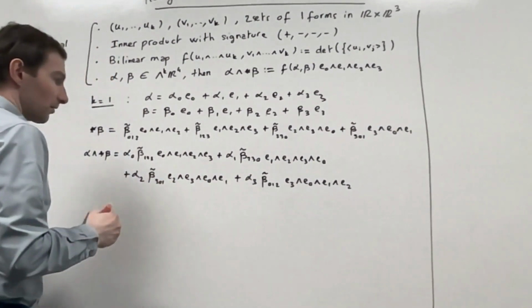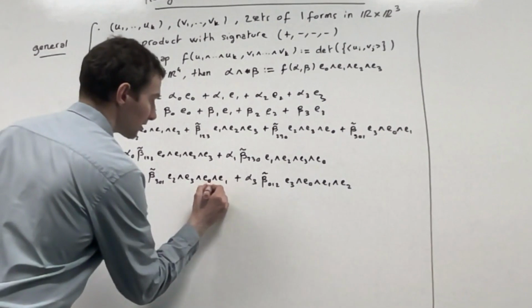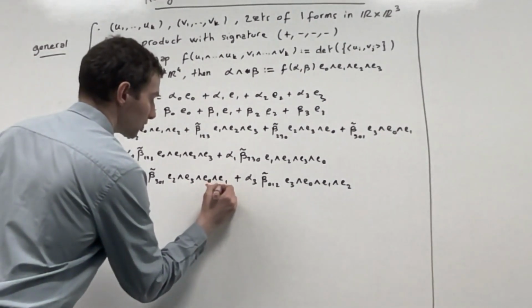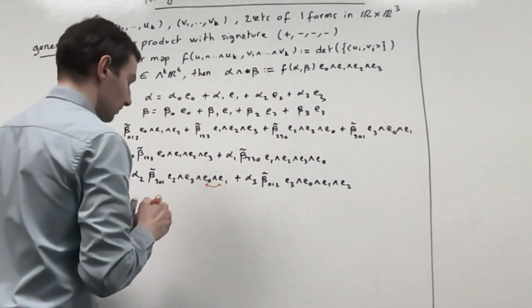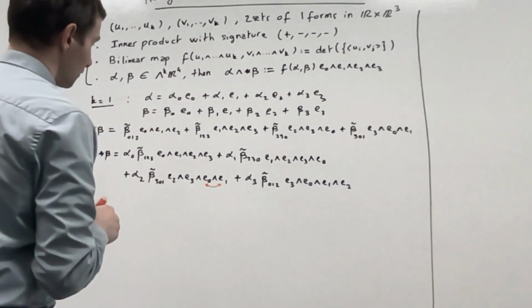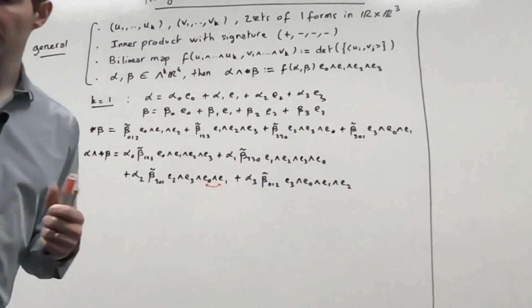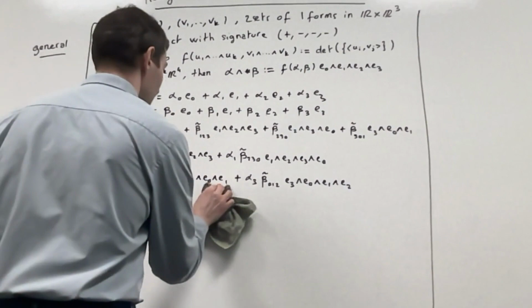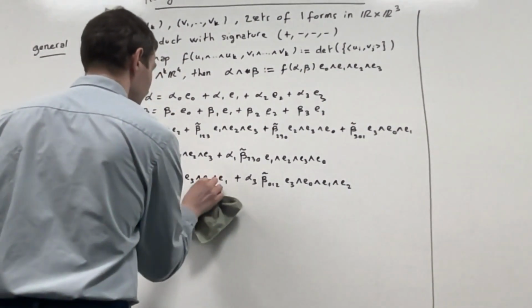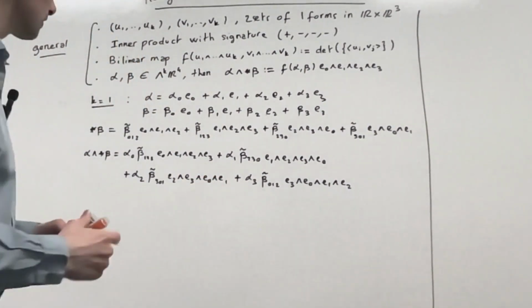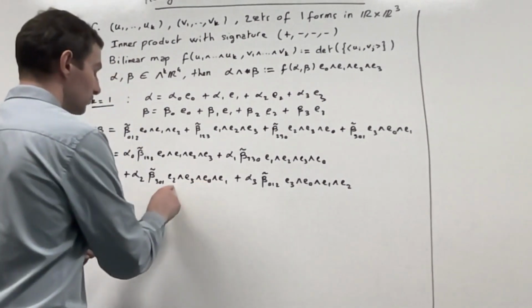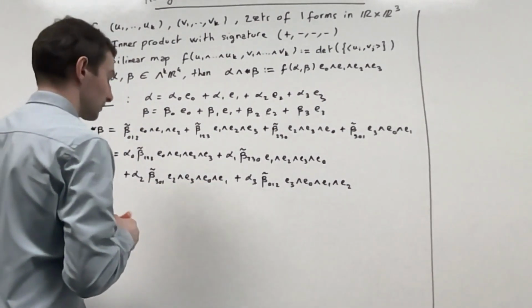So here, if I swap once, okay, these two, well, I'm not sure I want to do that, to be honest. So let's think a bit more. So what I want to do is swap E0 with E2. Yeah, let's do that actually.